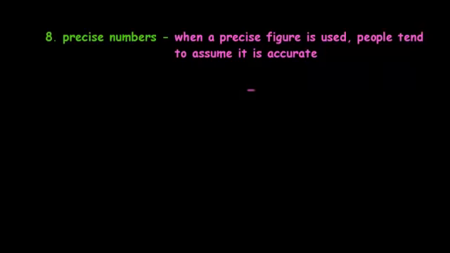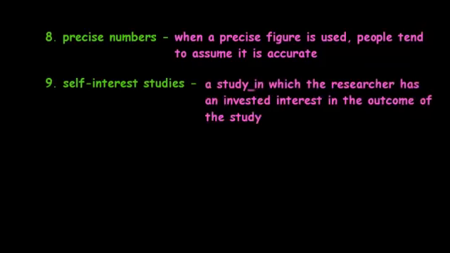And last we have what's called self-interest studies. Self-interest studies are studies in which the researcher has an invested interest in the outcome of the study. While this doesn't necessarily mean that the study was biased, it certainly suggests that we should subject the study to extra scrutiny.